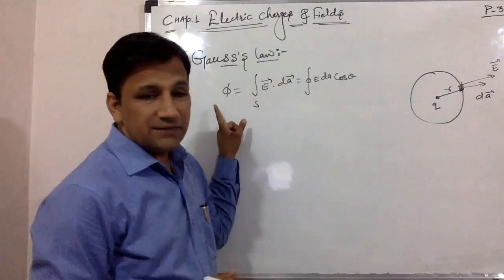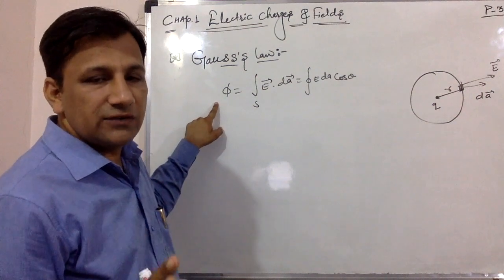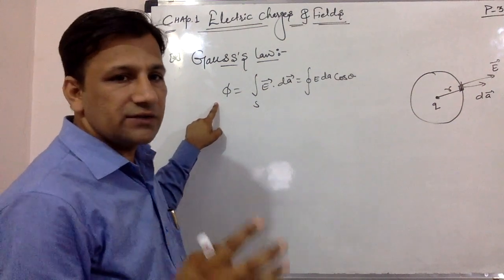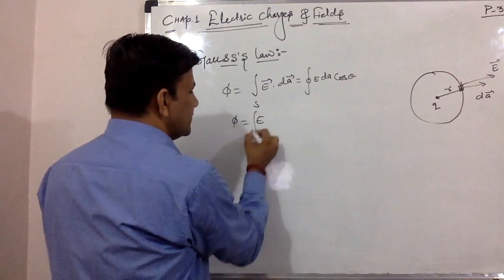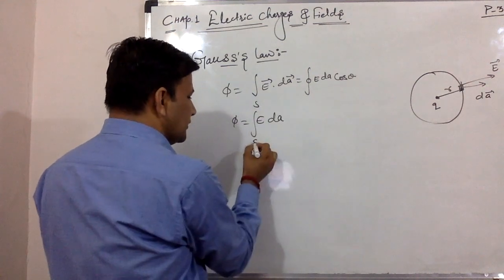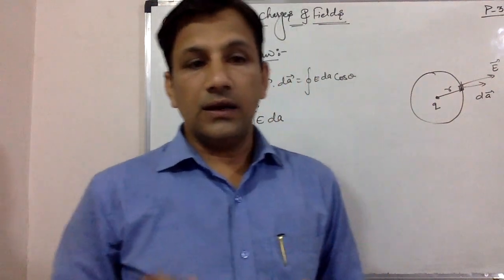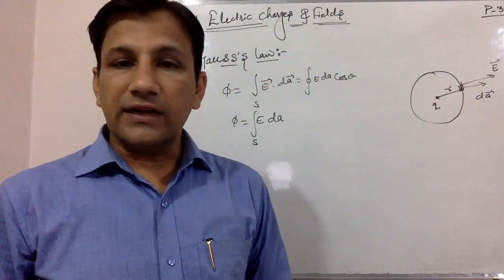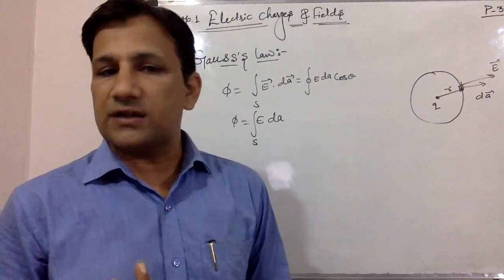For the maximum value of phi, theta is equal to 0, that is cos 0 is equal to 1. The phi is equal to integration of E into dA. Now, इलेक्ट्रिक फील्ड, अब पॉइंट चार्ज एट द सेंटर, इलेक्ट्रिक फील्ड सब जगह पे सेम होगा.